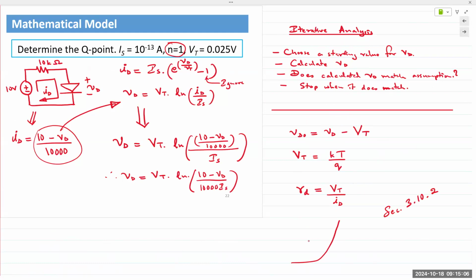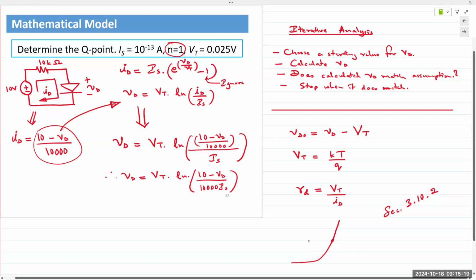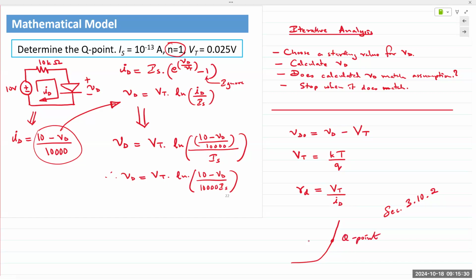If you wish to find a solution for the Q point using the mathematical model, we have a transcendental equation that we cannot solve. So we try to find a starting point. Let's say this is the Q point, for instance. The Q point, of course, could lie anywhere along the line. We don't know where it is. That is what we're trying to find out. So we treat that portion of the characteristic, at the Q point, as linear.